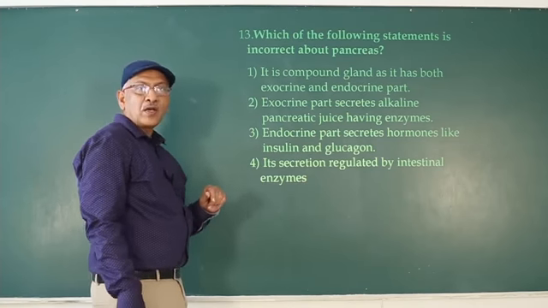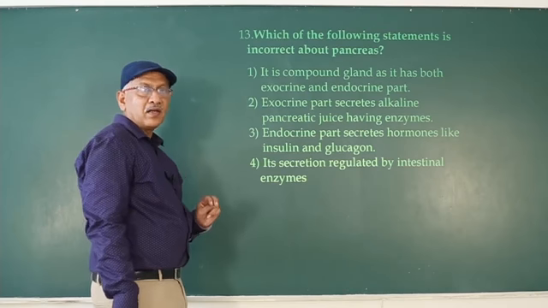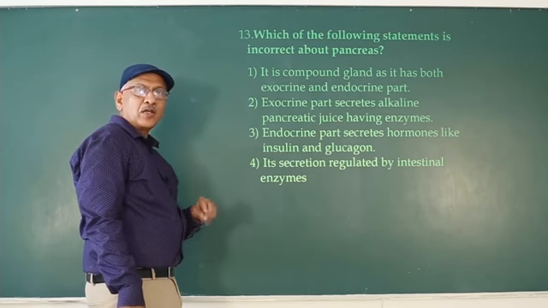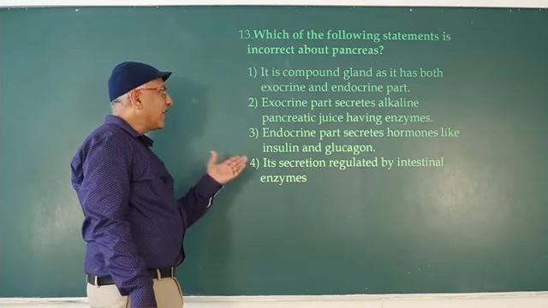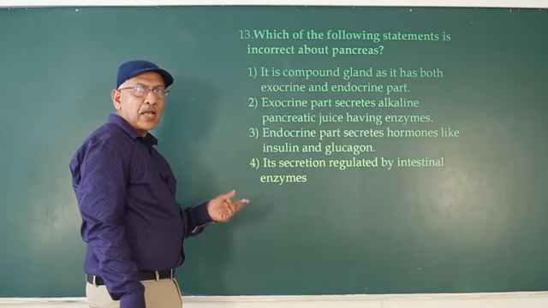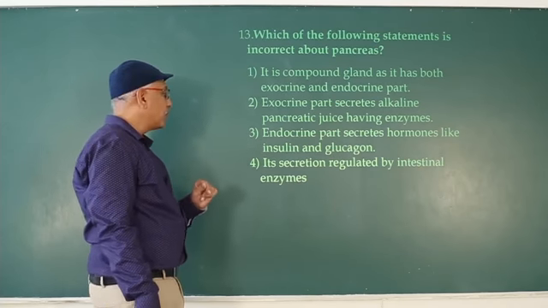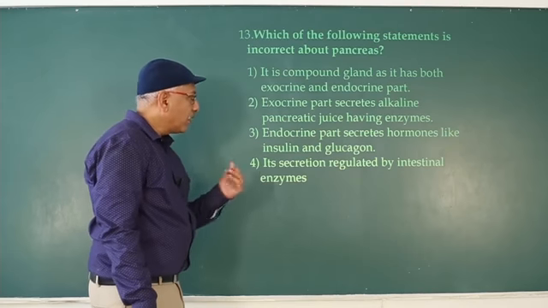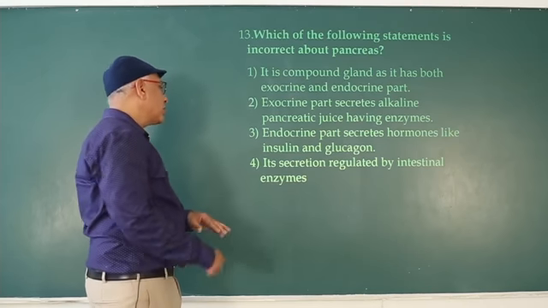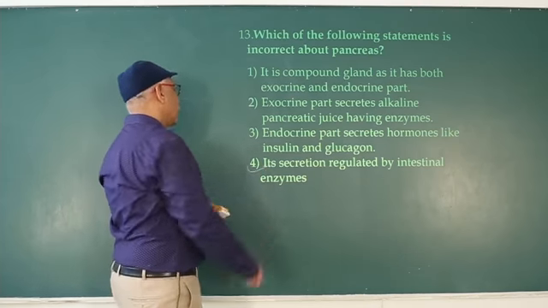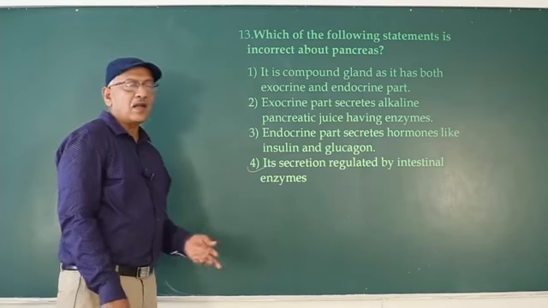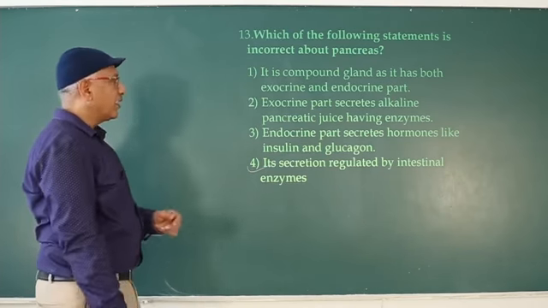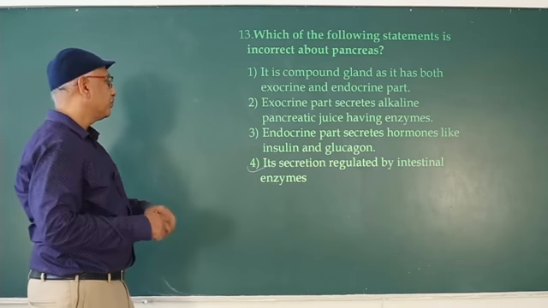The endocrine part secretes hormones like insulin and glucagon, also correct. The endocrine part is also known as the islets of Langerhans and is only 1 to 2% of the total pancreas, meaning 98 to 99% of the pancreas is exocrine. Its secretion is regulated by intestinal enzymes: wrong. So the incorrect statement is the fourth one.